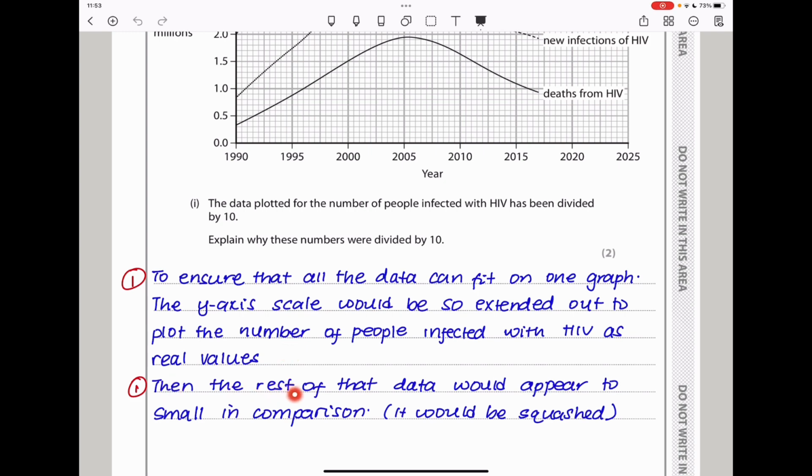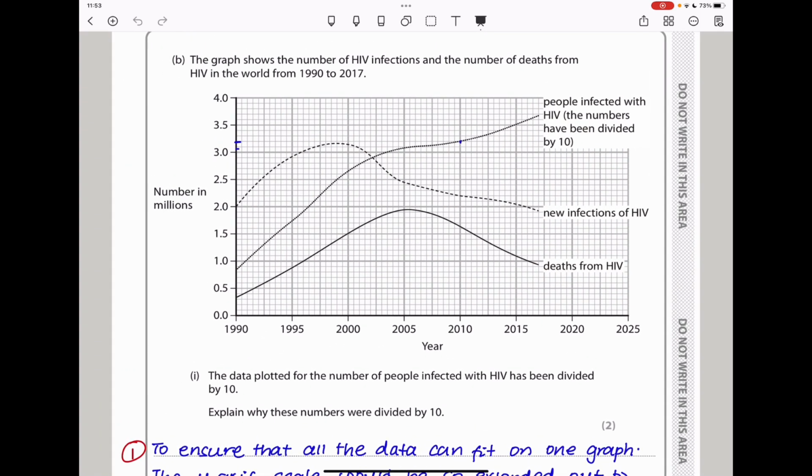Also, if you had plotted like that, the rest of the data would appear to be small in comparison, or it would be squashed. Let's take an example. This could appear not representative enough, and the other could be so far away that you will not be able to compare these results properly to reach an efficient conclusion using the graph itself.